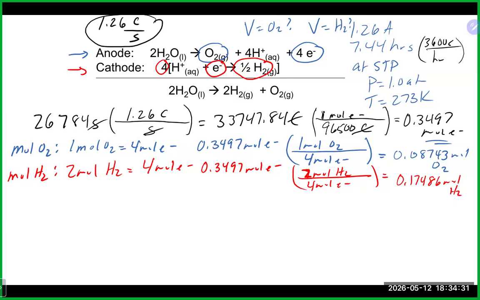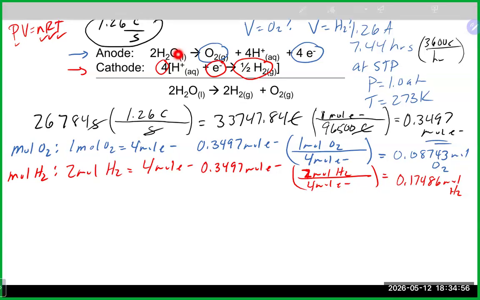Now that I have the moles of hydrogen and the moles of oxygen, once again we are looking for the volume and it is a gas. So a little PV equals nRT action would be good. We have the temperature and the pressure given to us because it is at STP. R is a constant, and we just calculated n for each of the gases. So we have everything we need to solve for the volume of each of these gases.